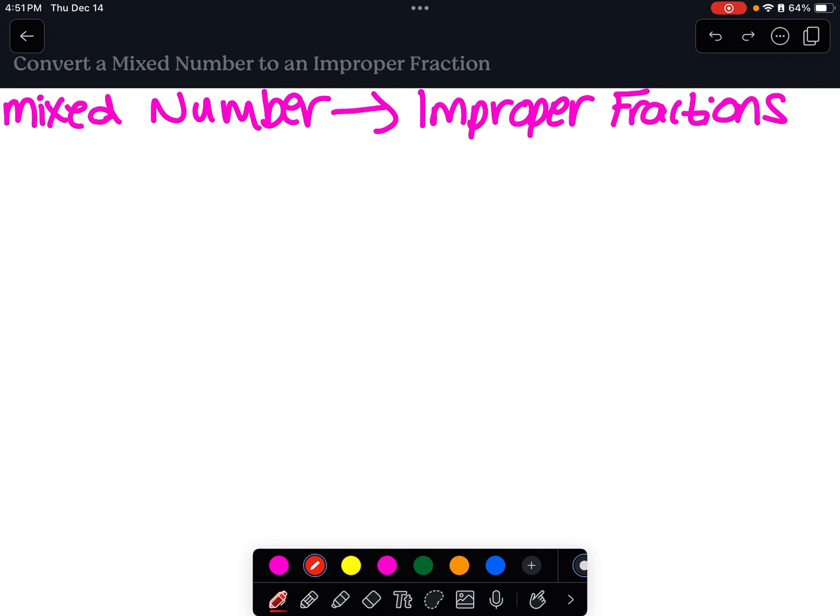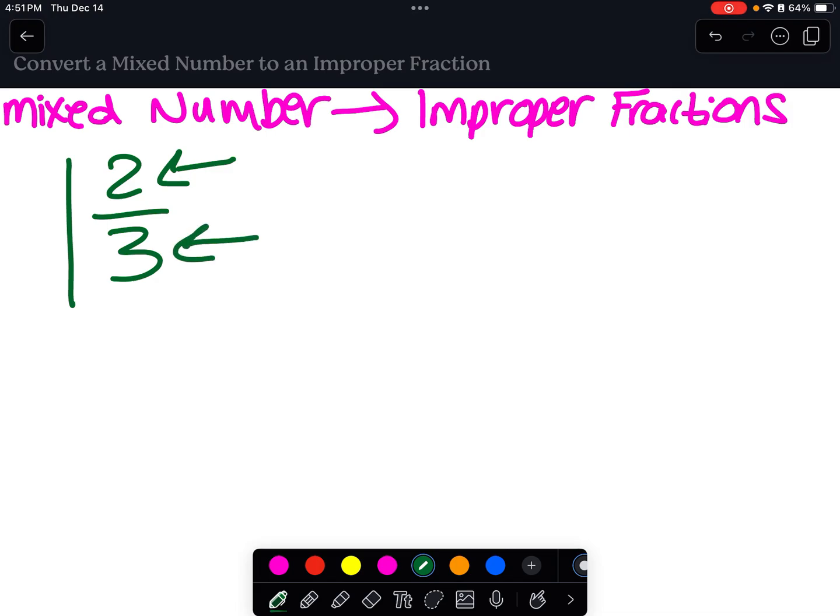Now, to remind you what exactly we're dealing with, a mixed number is a whole number, let's say the number 1, and then it goes with a proper fraction. A proper fraction means that the numerator is less than the denominator. Remember, the numerator is upstairs, the denominator is downstairs.